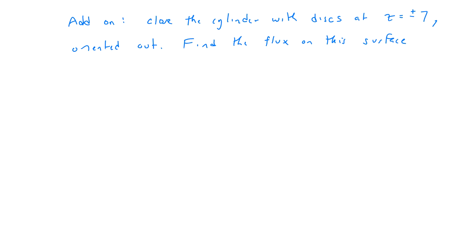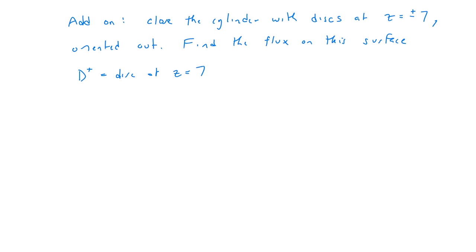And we can do this in two different ways. One way is I can continue with, and let me do one of these, because this is the simplified way from 4.5, which is by doing each of the three pieces. So we have the cylinder that we just did. So we found the flow on the cylinder without the ends is 0. And now we could find what is the flow on each of the ends. So let's make it say there's a D plus, which is equal to disk at Z equals 7.